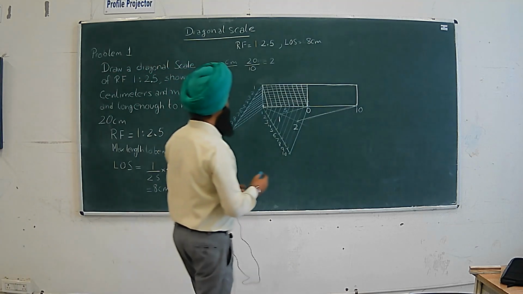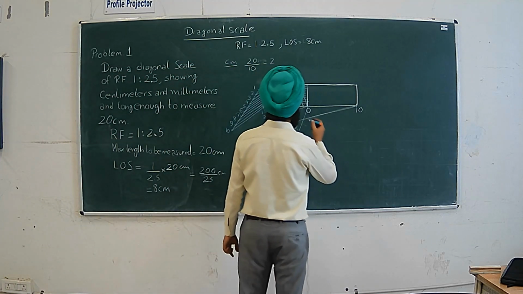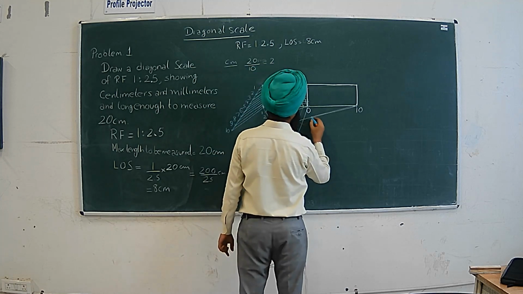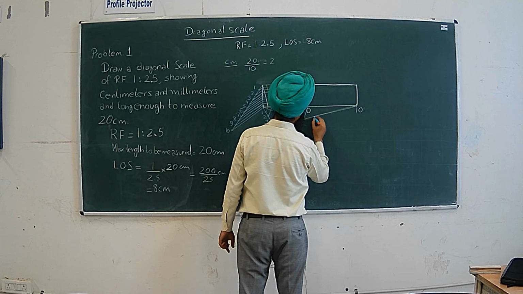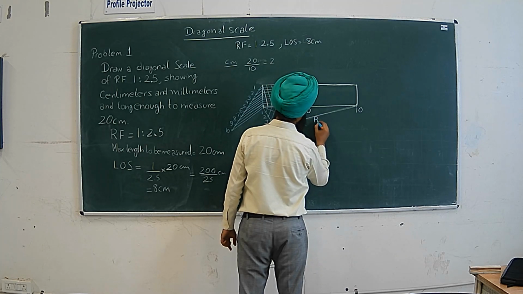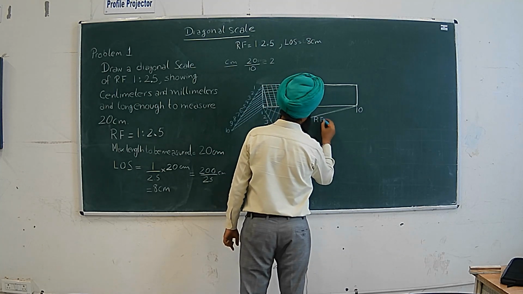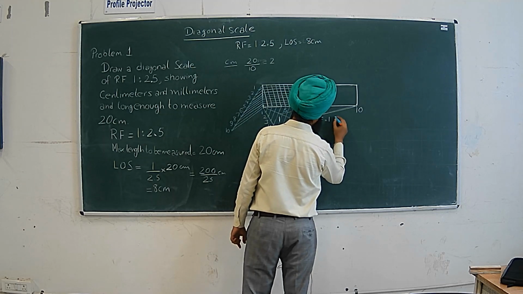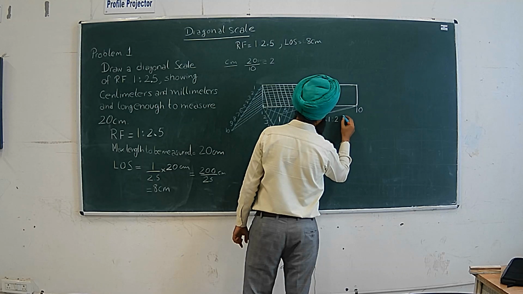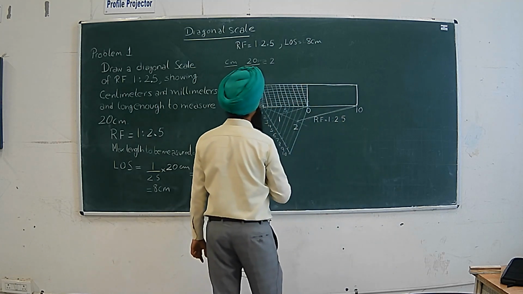Now the things that we are to write, the information. So first is the RF. Write over here RF in uppercase letters. You can draw thin guidelines to write this.